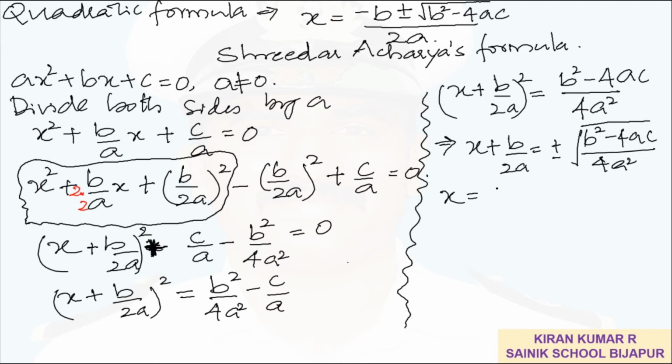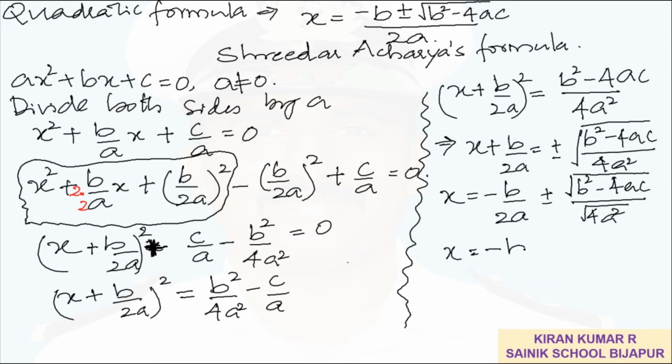So let us transpose this b by 2a to the right hand side. It becomes minus b by 2a plus or minus, taking the root for both numerator and denominator. In the denominator we have root of 4a square, which is nothing but 2a. On taking the LCM, we'll get minus b plus or minus root of b square minus 4ac divided by 2a.